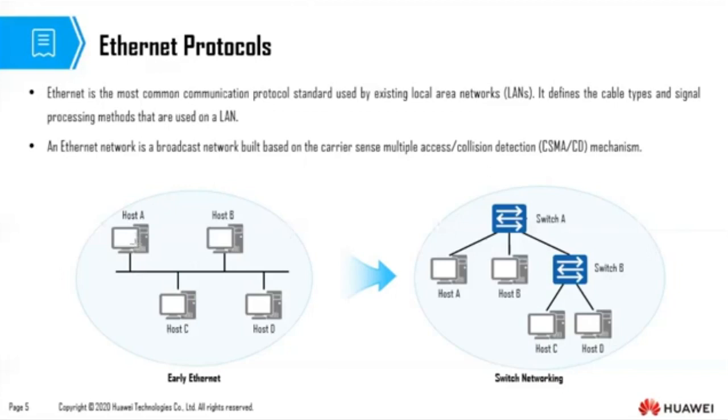So if everyone is sending a broadcast, it increases the probability of collision occurring. Number two, it consumes the bandwidth of the bus. So that was the main problem with this kind of Ethernet technology.